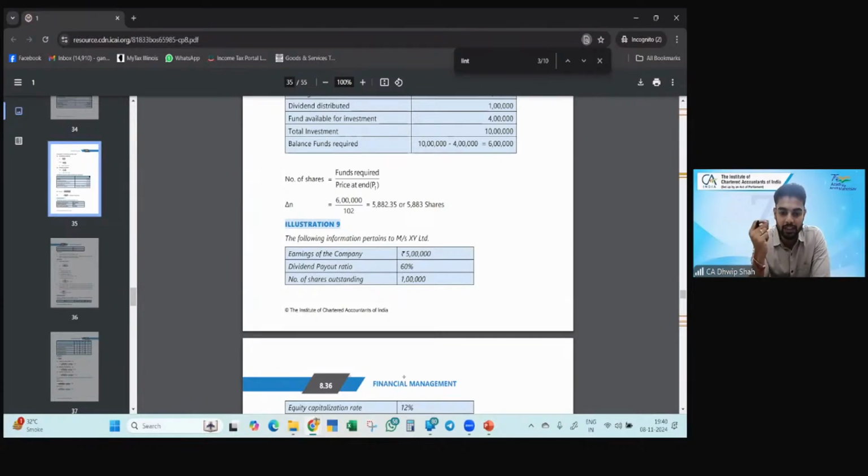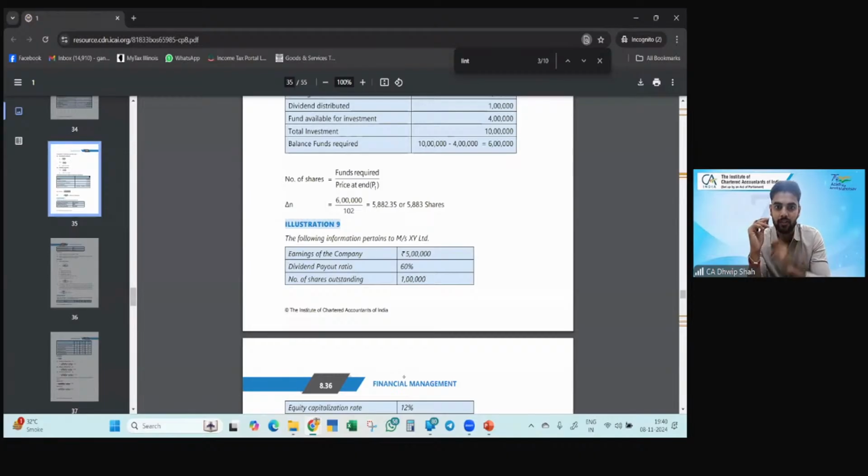So you can calculate. Gordon says when ROI is greater than KE, lower the payout ratio, higher would be the market price. This is the inference of Gordon. A similar inference is for Walter also: when ROI is greater than KE, lower the payout ratio, higher would be the market price. But that much difference will come, sir, because of different models.